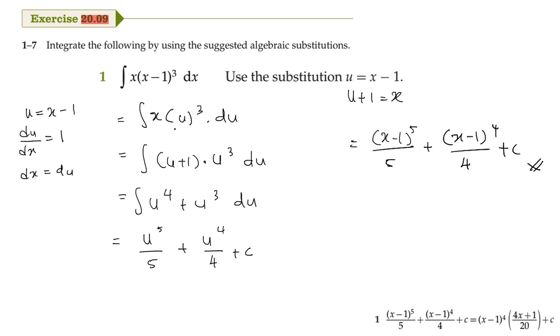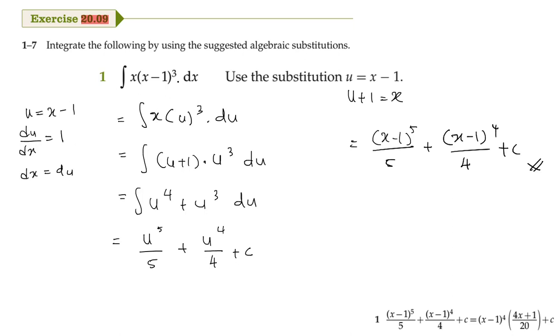As I mentioned earlier, sometimes your integration consists of two variables. We don't want that kind of thing. We want only a single variable, either in terms of x or in terms of u. Without using substitution, it's very hard to integrate, because you have to expand this first. Power of 3.